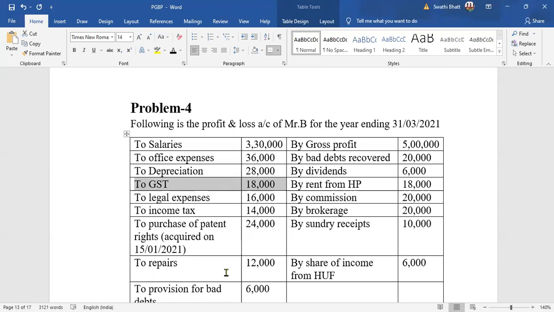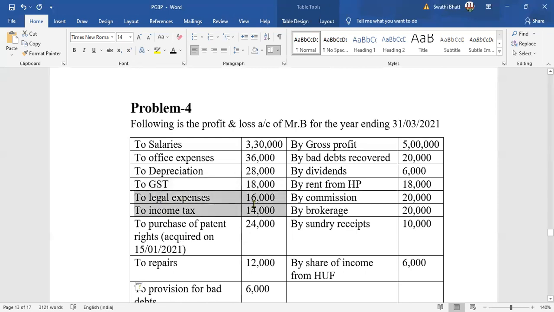If GST amount is due or pending or yet to be paid, then it will not be allowed. And if it is not allowed, you will have to add it. But since here they have just told that GST, we are assuming that it's already paid. And if it is paid, it is allowed. It becomes disallowed only if it is not paid.